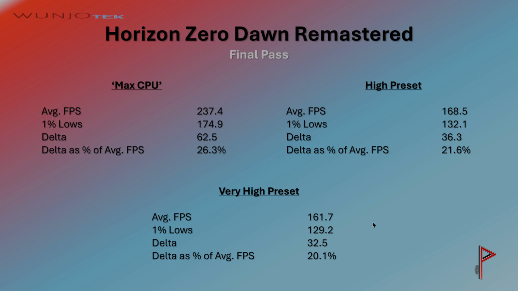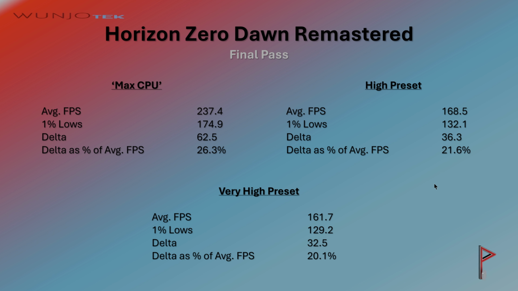And then similarly for Horizon Zero Dawn, these are all the very last pass results where I did max CPU, high preset, and very high preset, and you can see what happens again when we increase a little bit that CPU wait time, let it breathe a little bit, make the GPU do a little bit more work: from 26%, which is a terrific result for those maximum CPU constrained settings, then more graphically demanding settings, liberating the CPU a little bit, down to 22%, which is a terrific result.